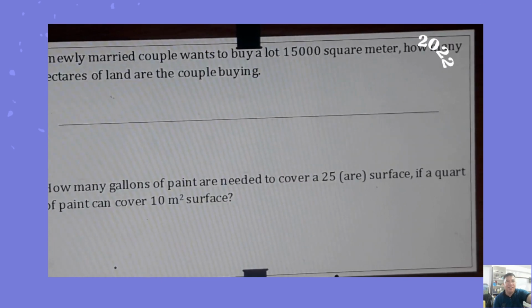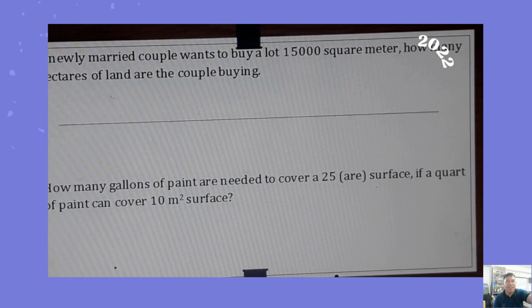So the last set of the performance task in this particular topic is, okay, number 1, a problem solving. A newly married couple wants to buy a lot of 15,000 square meters. How many hectares of land are the couple buying?